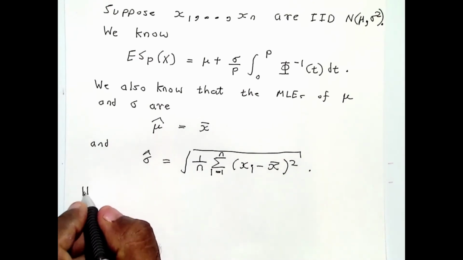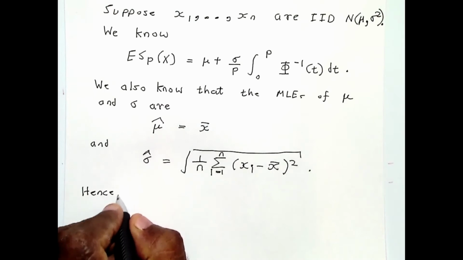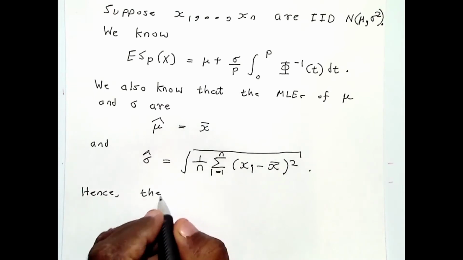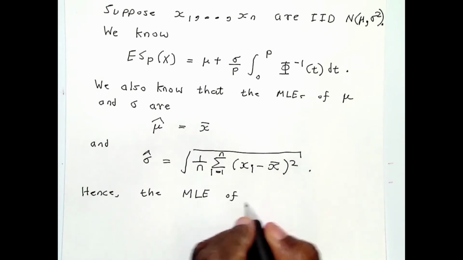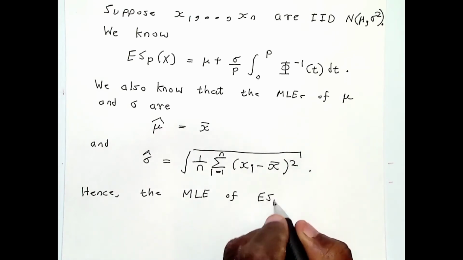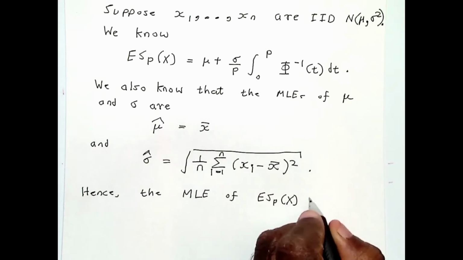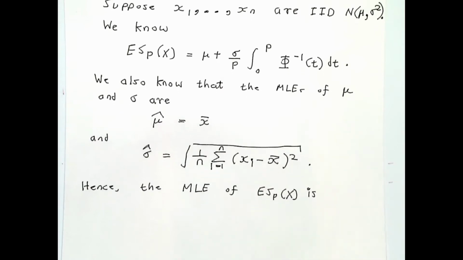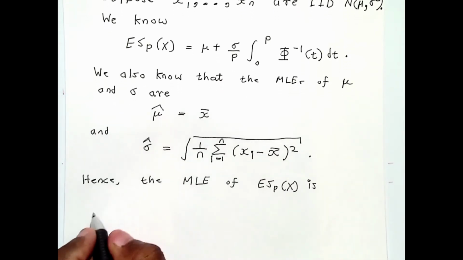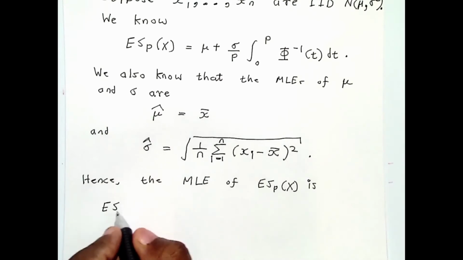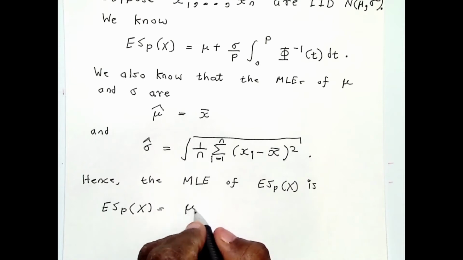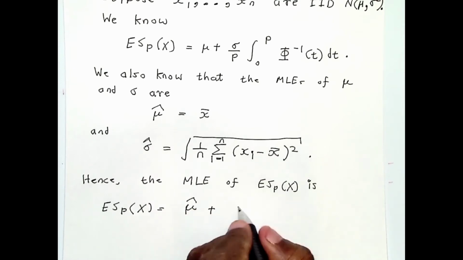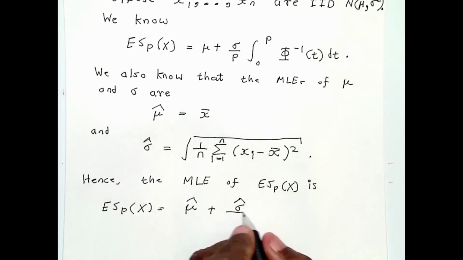Hence, the MLE for expected shortfall is simply this one, with mu replaced by mu hat and sigma replaced by sigma hat.